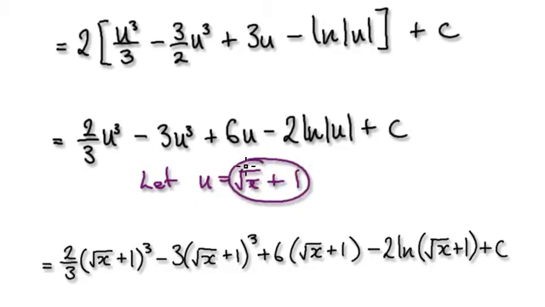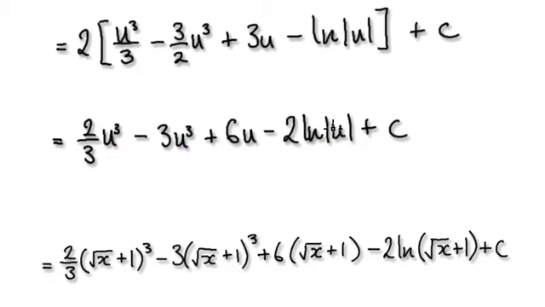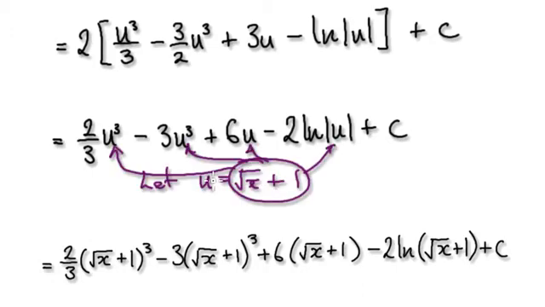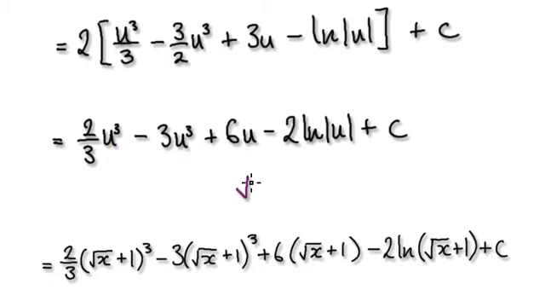So now we can put this into here, and into here, and then into here. Now this is the absolute value of u. But u cannot be negative because you've got the square root of x here. Square root of x will give you a positive.